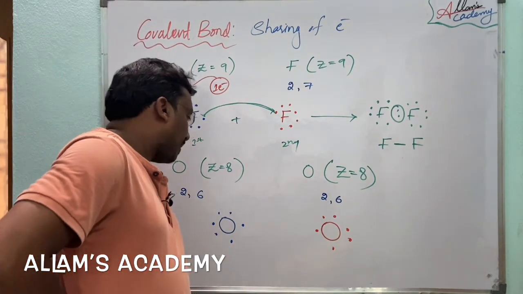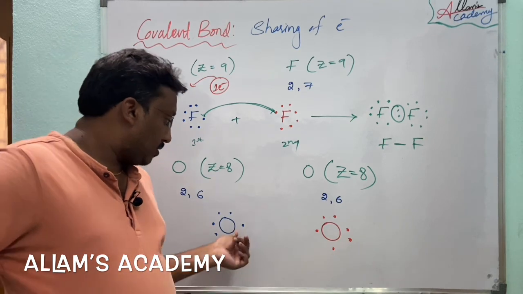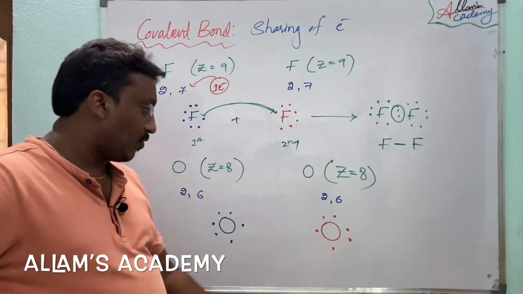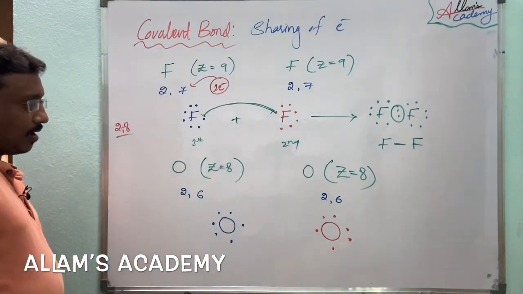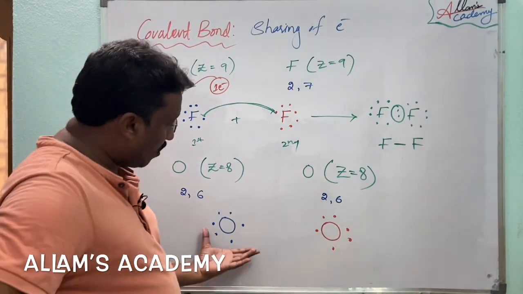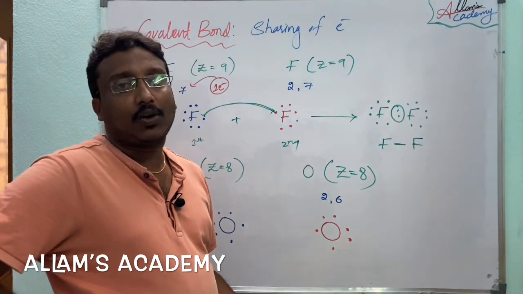See here, to get octet configuration, this oxygen requires 2 electrons, and this oxygen requires 2 electrons. But here no other atom is ready to lose electrons.